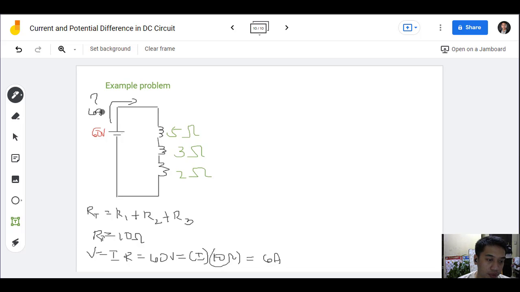Now, let us identify naman yung voltage across each resistor. Same, we will use Ohm's law.